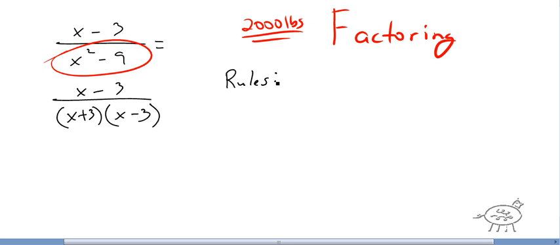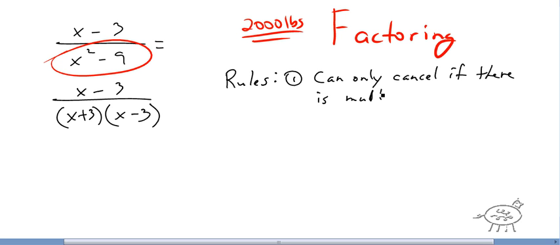One rule is you can only cancel if there is multiplication between terms. So in other words, there's x minus 3, well, it's all by itself, and then there's multiplication between the x plus 3 and the x minus 3. And this is what I mean by multiplication.